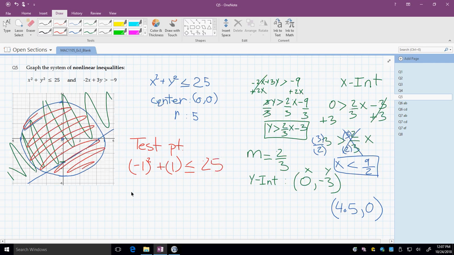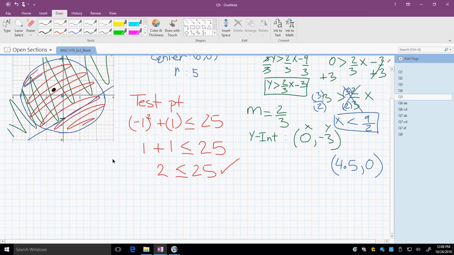If I solve for that, I'm going to have 1 times 1 is 1, negative 1 times negative 1 is positive 1, and have 1 less than or equal to 25. If I combine them, I'm going to have 2 is less than or equal to 25, which is true. That point is right here. Negative 1, 1 is about here. So it is true.